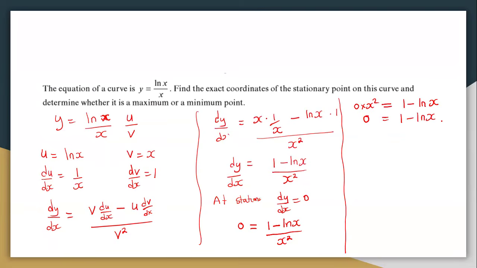I had cancelled them. You are multiplying both sides by x squared. This is what you are saying, right? Yes. Okay. We can continue.